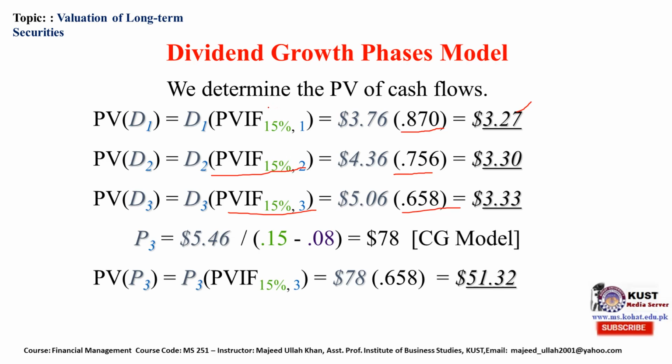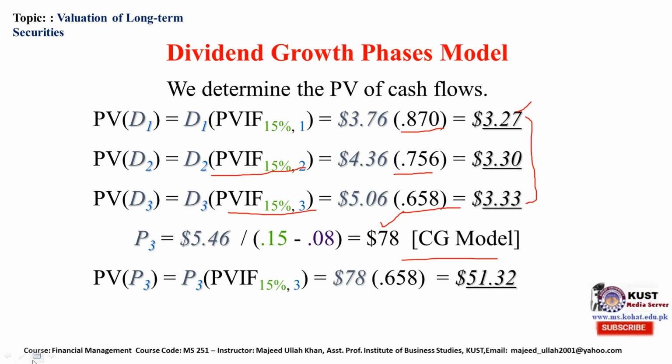We will check it in the single amount table. So that is 3.3. If we add all these things, that will be the value of the first phase. Now P3 is equal to 5.46 divided by 0.15 minus 0.08, which is the $78 growth model value. But we will discount this to 0, using 15% for the third year. P3, the price of the share, is equal to 51.